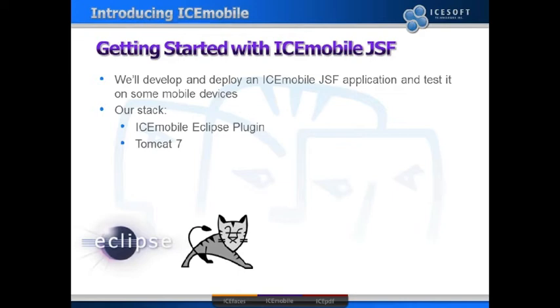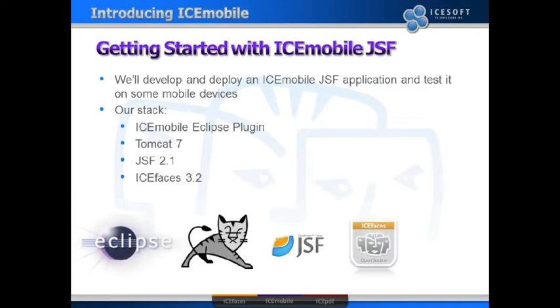Now, ICEmobile and ICEfaces support a wide range of servers, so almost any Java application server will do here. We're going to be working and deploying with the JSF version of ICEmobile. This is based on JSF 2.1 and ICEfaces 3.2, so that's going to be in our stack as well. And of course, we're going to be using the latest ICEmobile 1.2 version.